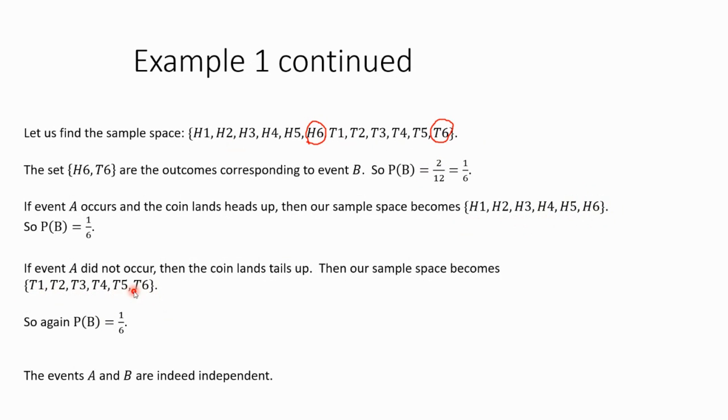There's only one outcome here, the one that has a 6 in it. So in this case, the probability of B would be 1 over 6. But notice that the probability of B did not depend on whether event A occurred or not. No matter whether A occurred or not, we got the same probability. This shows events A and B are independent.